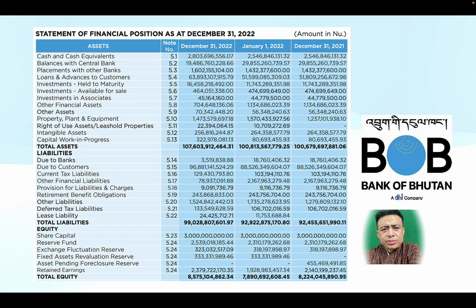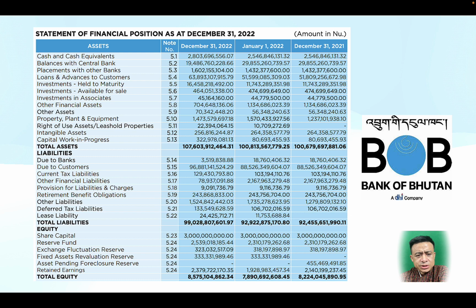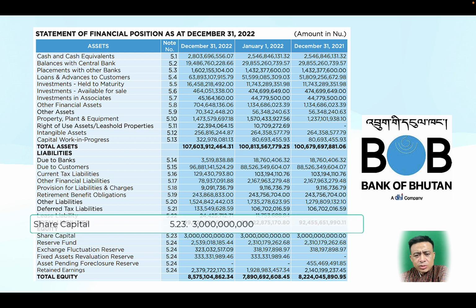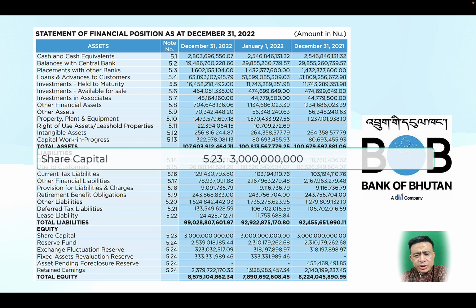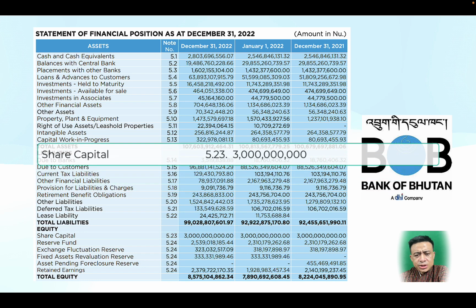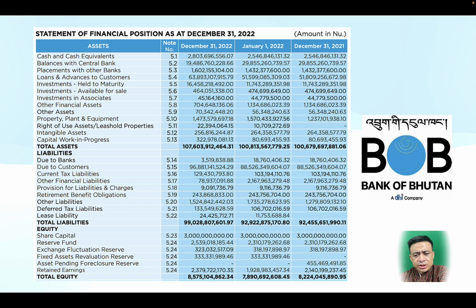This is the statement of financial position reported by Bank of Bhutan as at 31st December 2022. If we look at items under liabilities, you will find share capital. Bank of Bhutan has issued around 3 billion worth of shares, in which 8% of shares is held by the government of Bhutan, and 20% is held by the State Bank of India.